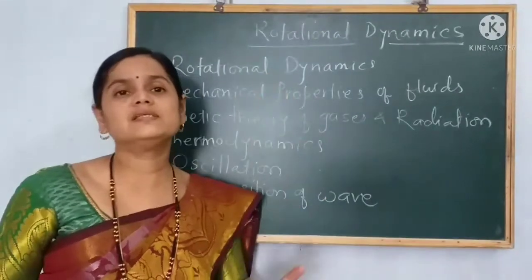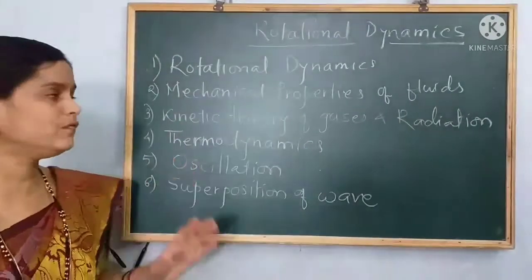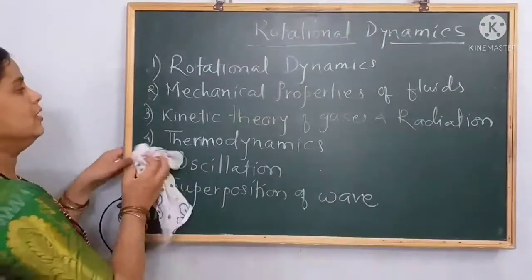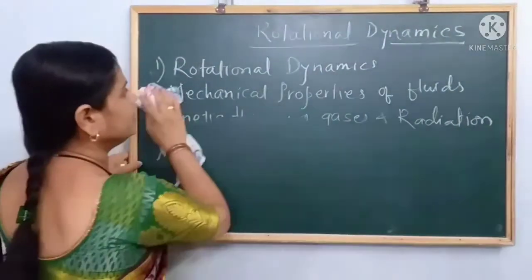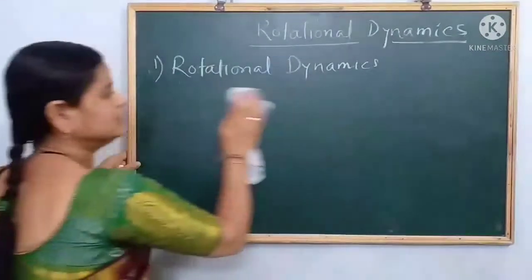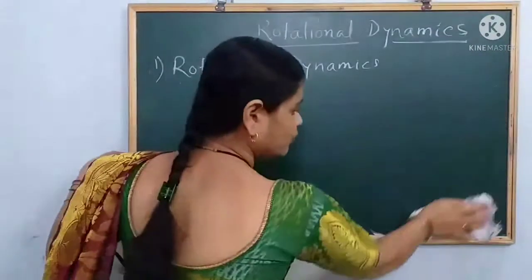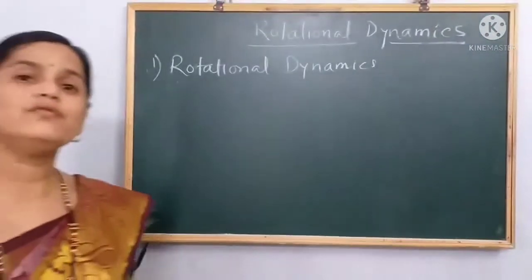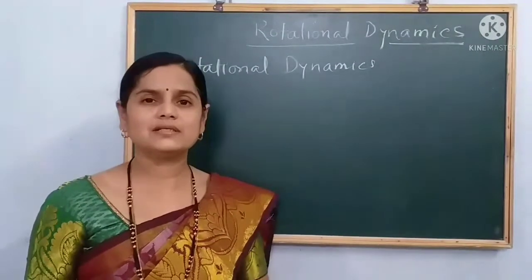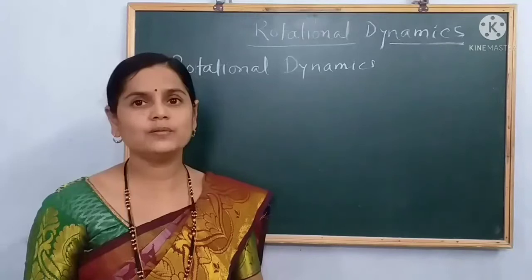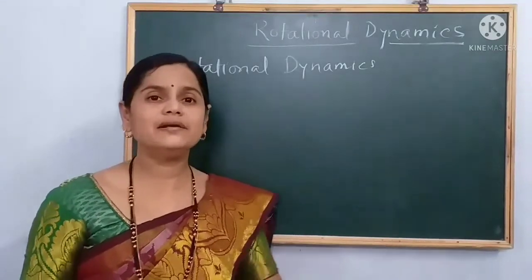So from these 6 topics from section first, properties of matter, right from today we are going to start studying rotational dynamics. We have studied motion and different types of motion: one-dimensional, two-dimensional and three-dimensional motion, that is translatory motion.